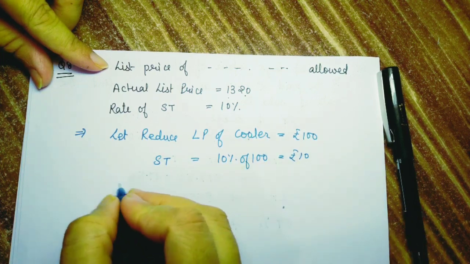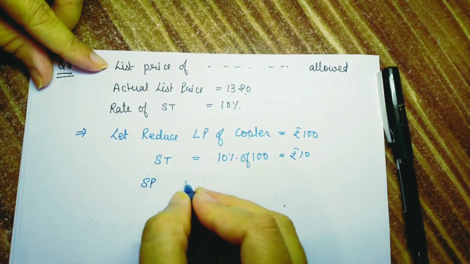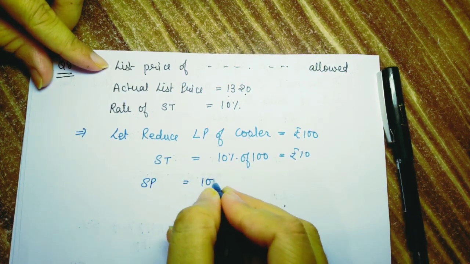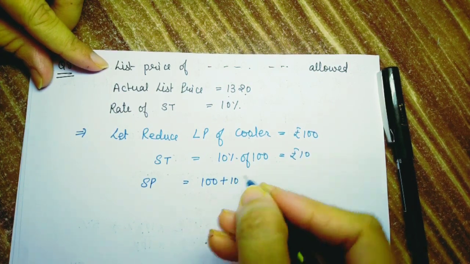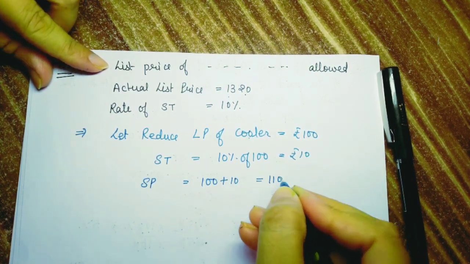Then, students, the selling price should be 100 list price plus 10, that means 110.